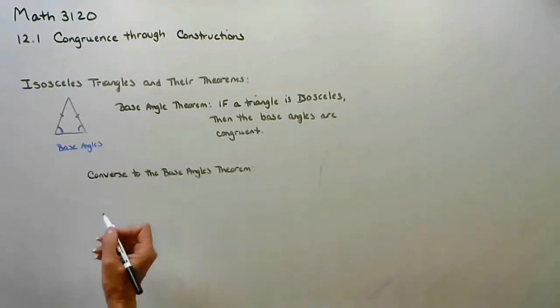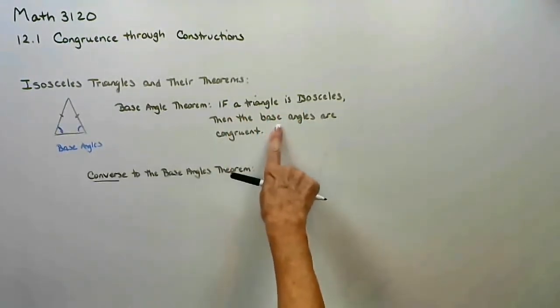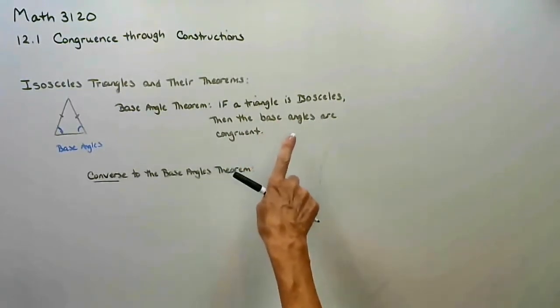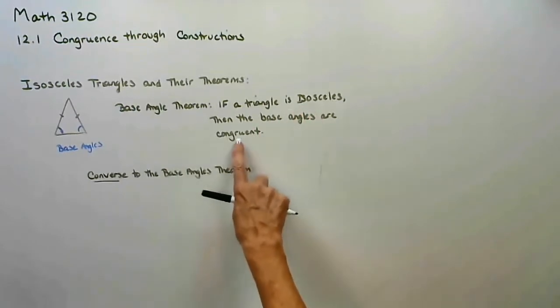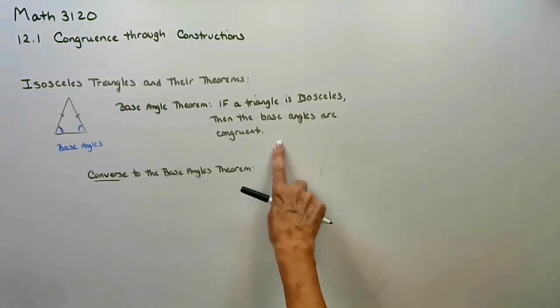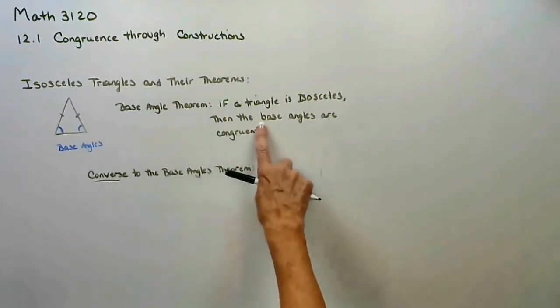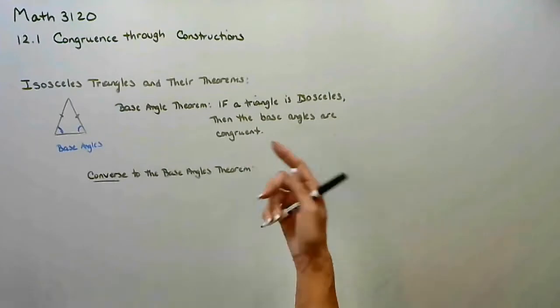So the converse is just when you take the hypothesis and conclusion and you reverse them. So the hypothesis is if a triangle is isosceles, and the conclusion is then the base angles are congruent. So the converse will say if the base angles are congruent in a triangle, then the triangle is isosceles.